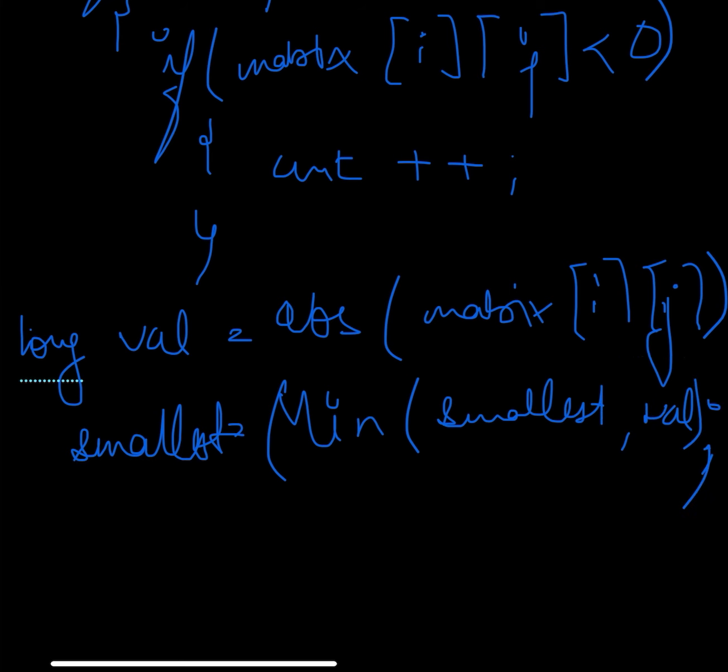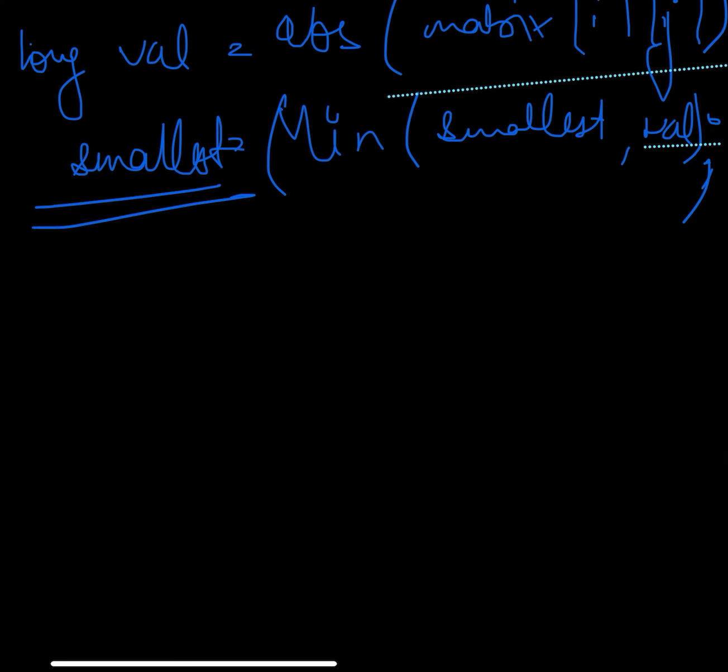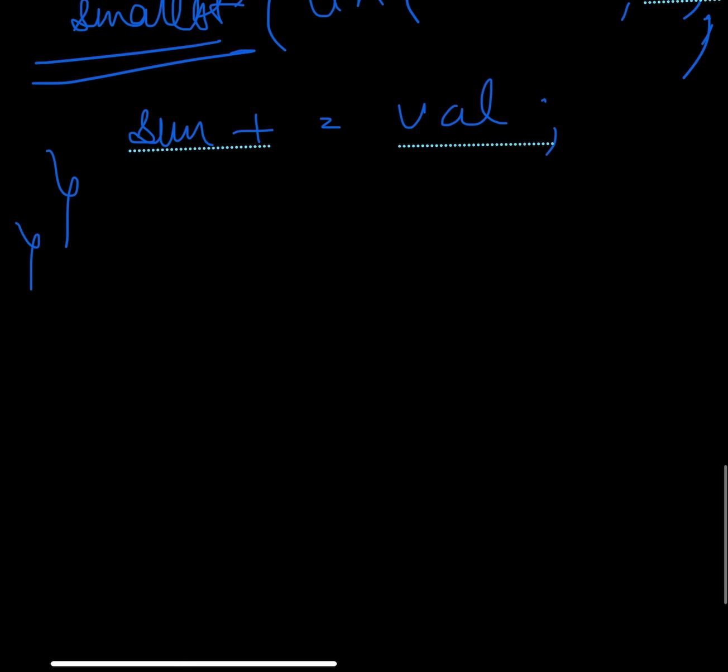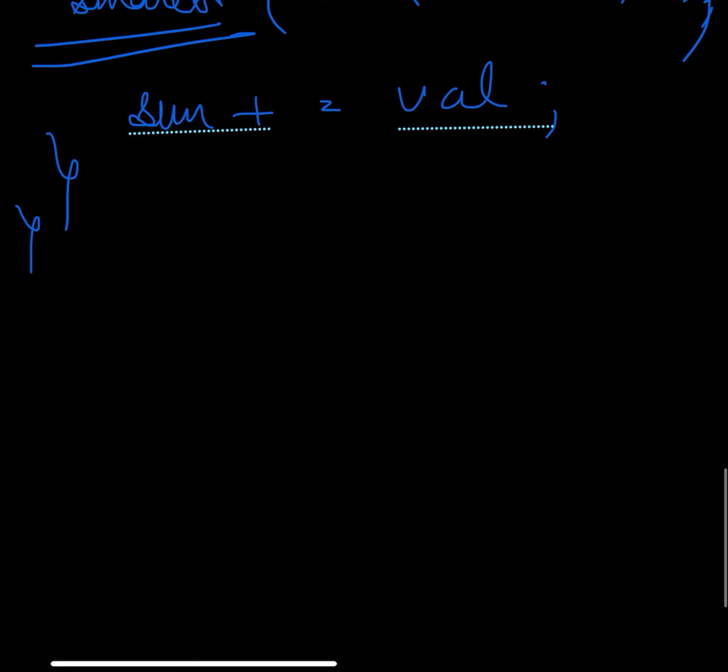In the end, the smallest element would come in our smallest variable. And sum plus equal to the absolute value of the elements. At last, sum will have the total sum of the absolute values of all the elements of the matrix, which has no negative number, and smallest will contain the smallest element of the matrix.